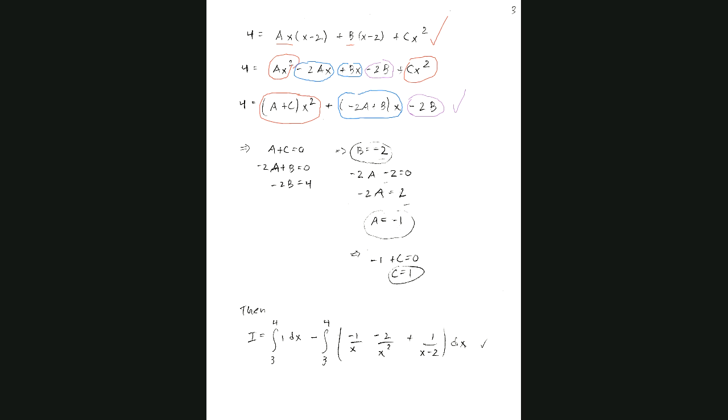And on the left side, the 4 could be thought of as 0x squared plus 0 times x plus 4.